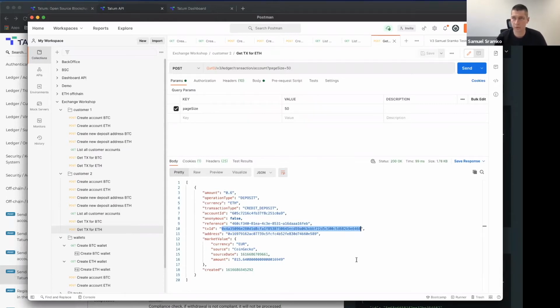When we perform the trades, which is the last thing I'm going to show you today, we will see in this endpoint the trade transactions, meaning every operation that happened, either buy or sell, will also be recorded here inside the ledger transaction endpoints.